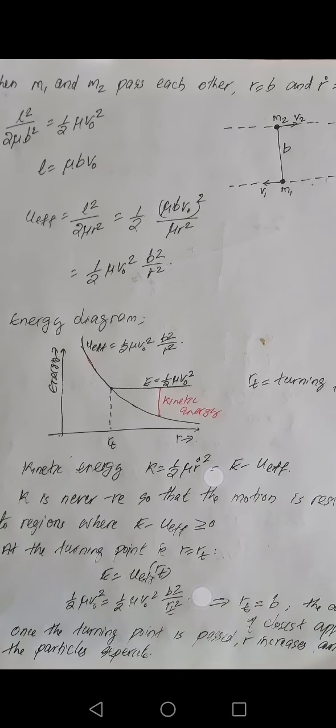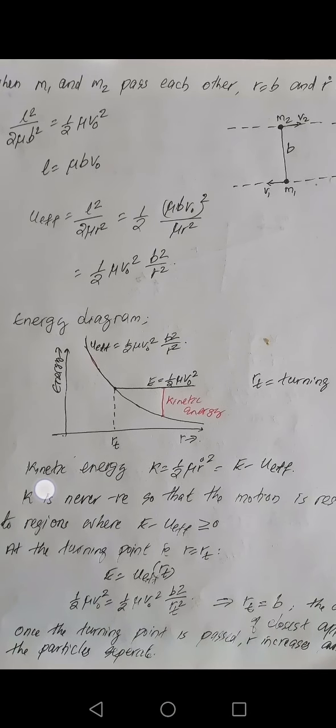There is no kinetic energy at this point. Therefore E is equal to U effective at RT. That is half mu v0 square is equal to half mu v0 square b square by RT square. From this equation, RT is equal to b. So b is this offset distance.